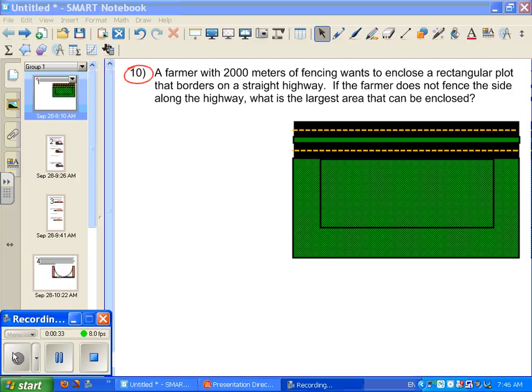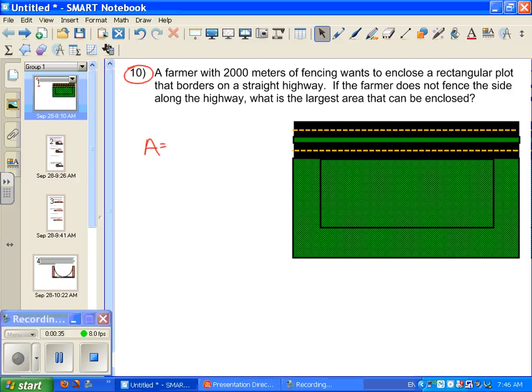So we know that the area of my rectangles is going to be length times width. So if I let this be x, how much fencing do I have left over for the other two sides? 2,000 minus x.